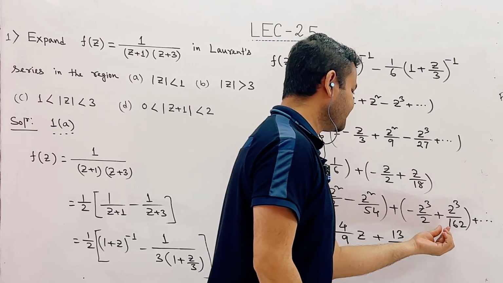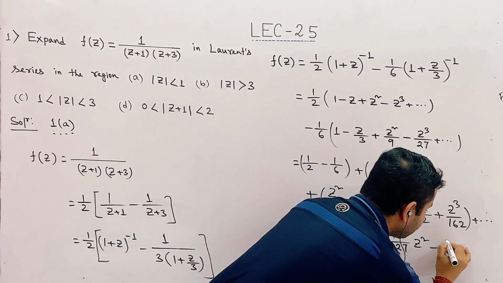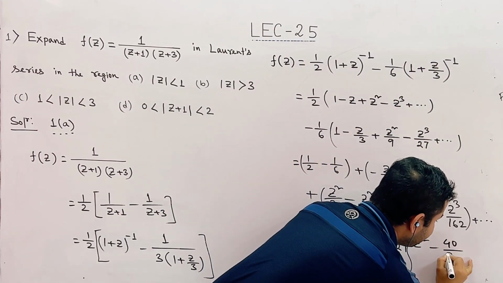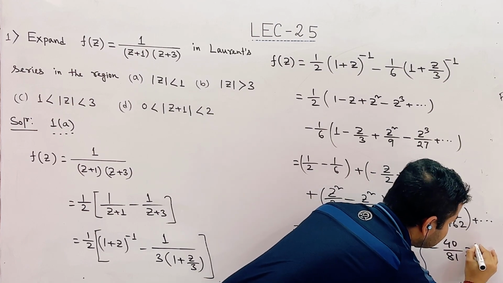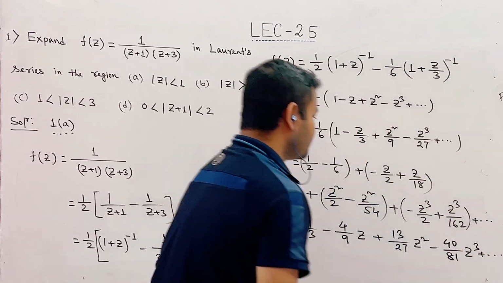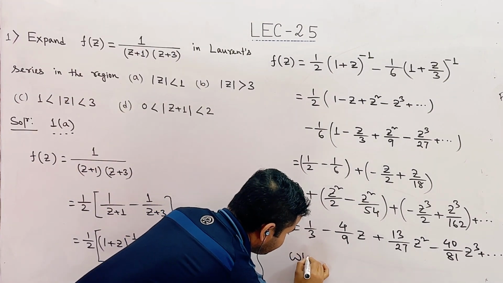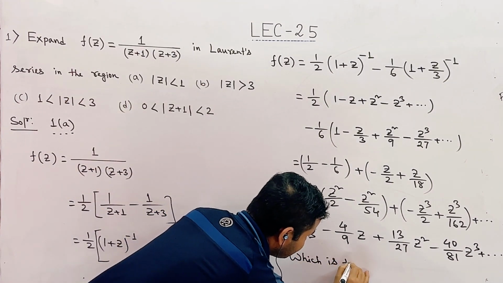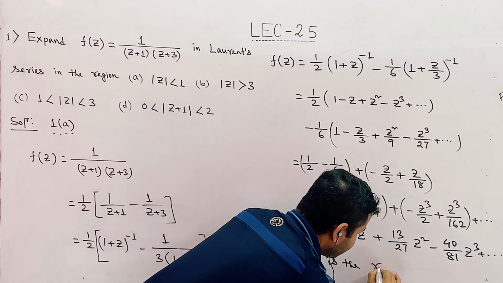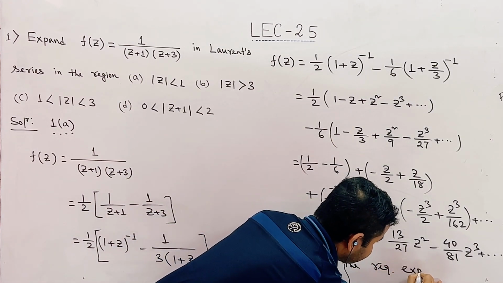Again, after simplifying this term, we will get minus 40 divided by 81 into z cube plus dot dot dot, which is the required expansion.